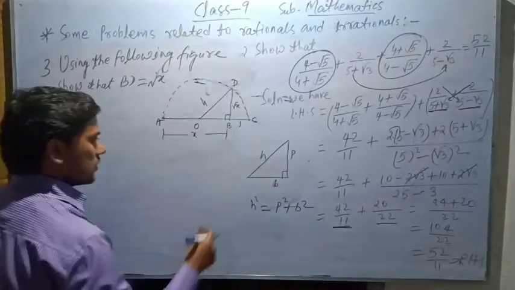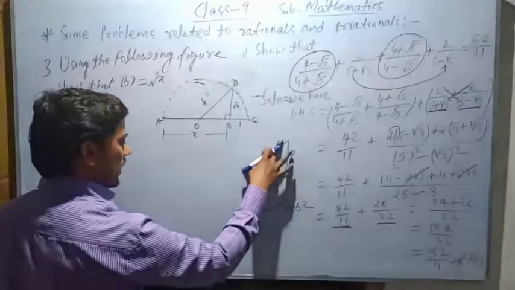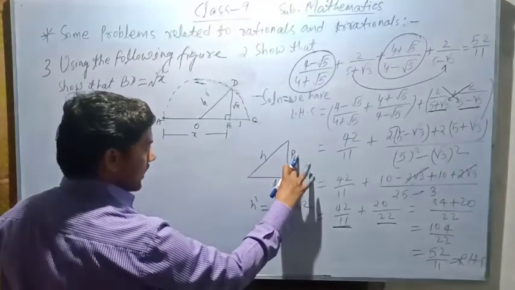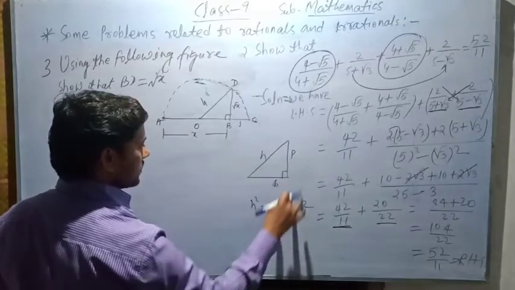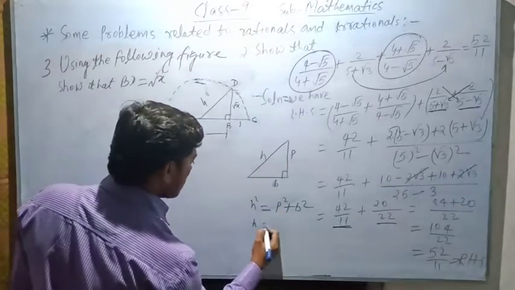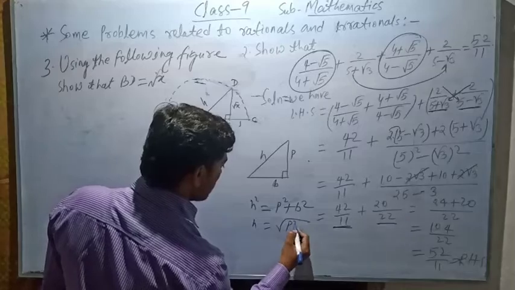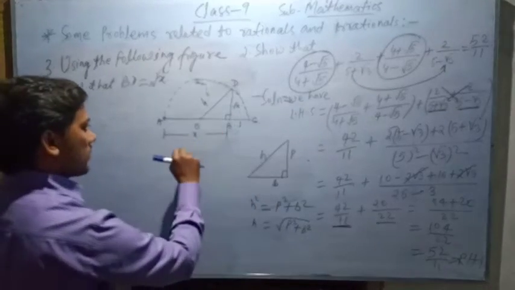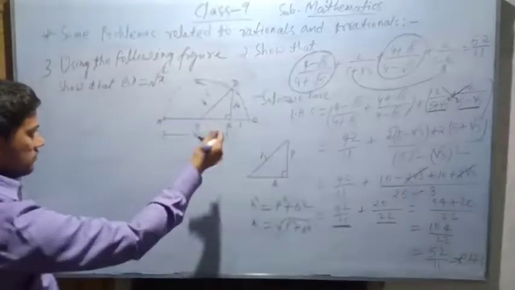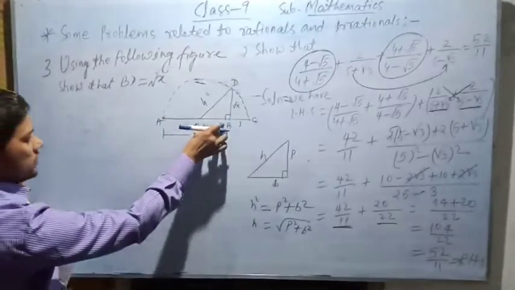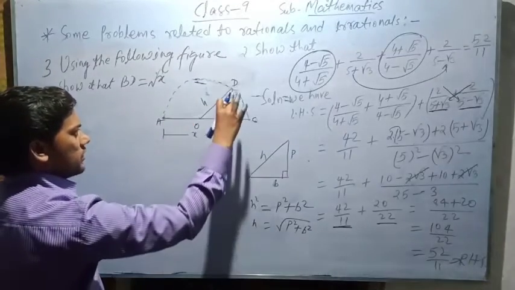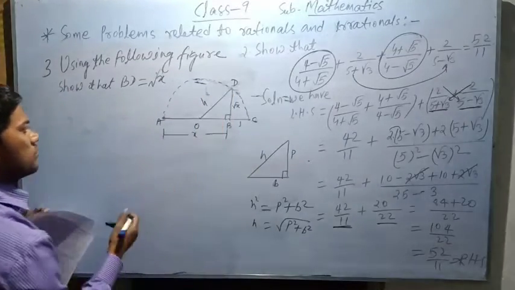Pythagoras theorem says the square of the longest side is equal to the sum of the squares of the other two sides, P square plus B square. So H is equal to under root P square plus B square. There is also a right angle triangle. So first you need to find OB and OD. Then you can prove BD is equal to root x.